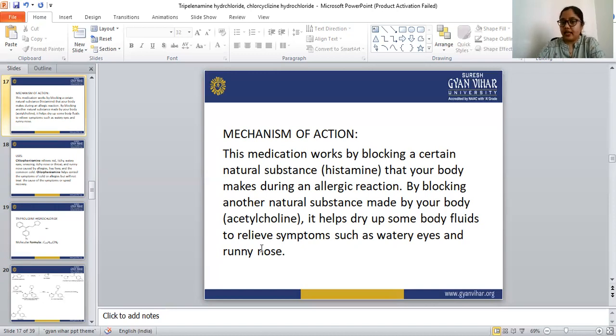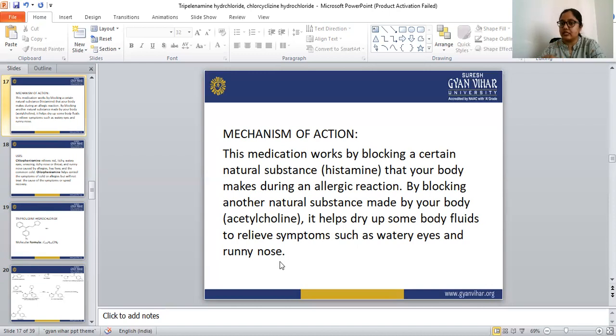Okay, how does the CPM work? CPM blocks these two natural substances, histamine and acetylcholine, and it helps dry up some body fluids to relieve symptoms such as watery eyes and the runny nose. When we have some types of allergic reaction, we have a runny nose, or runny eyes, redness in our eyes, itchiness in our eyes.